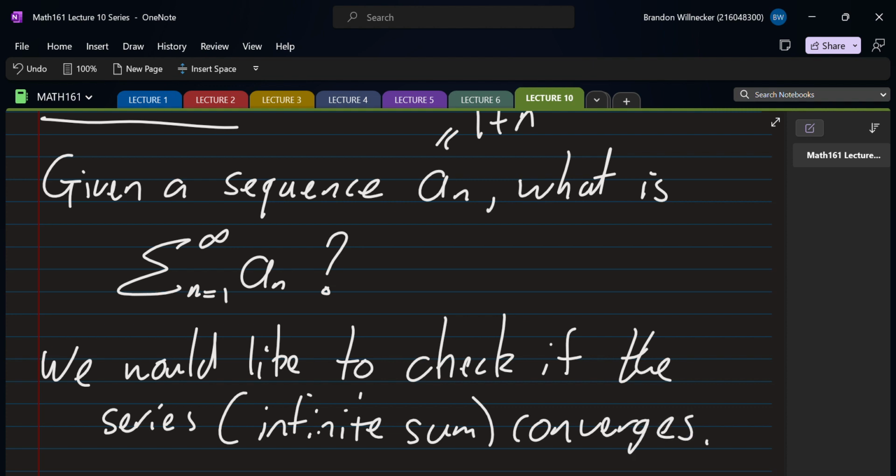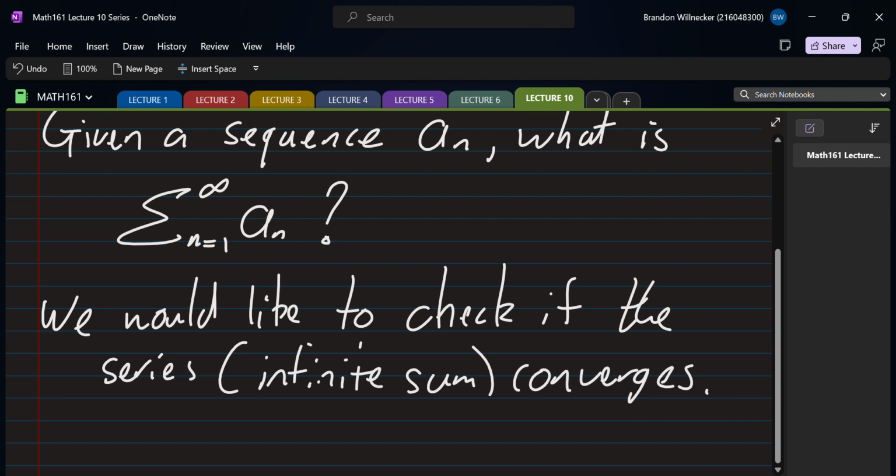If it doesn't converge to a finite value, then we say that it diverges, so it goes off to infinity. We'll start off with a few examples just to show how this can be tricky, and then we'll look at the tests for convergence. These are techniques and tricks that we can use to make finding out if this converges or not a bit easier.